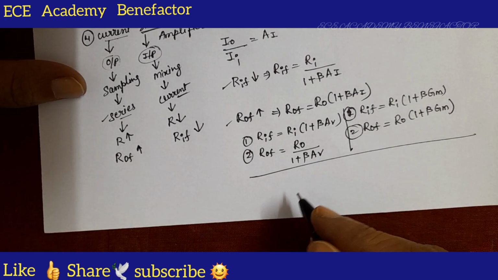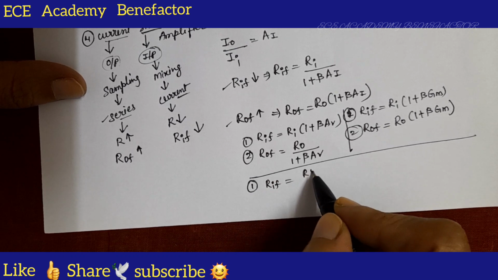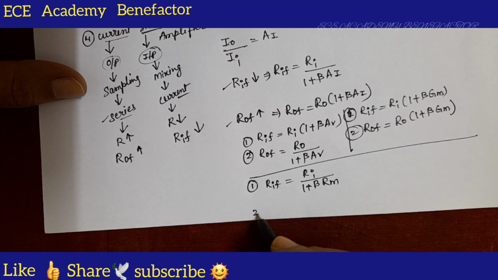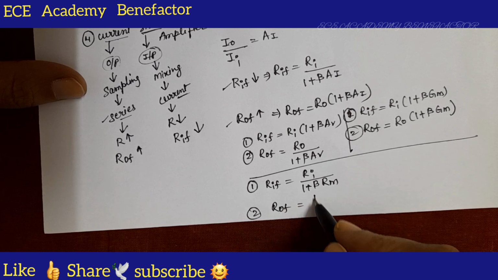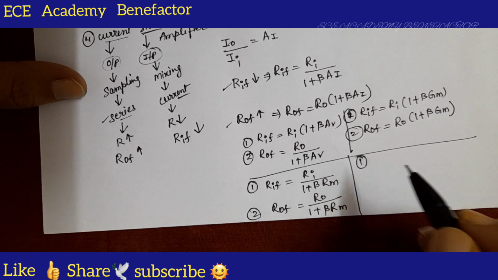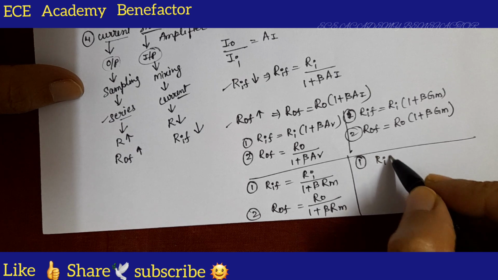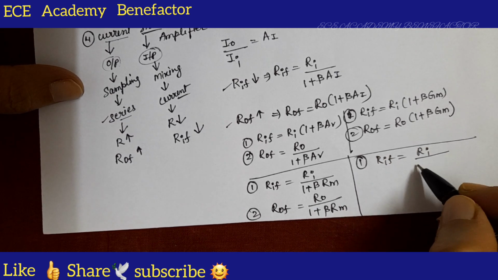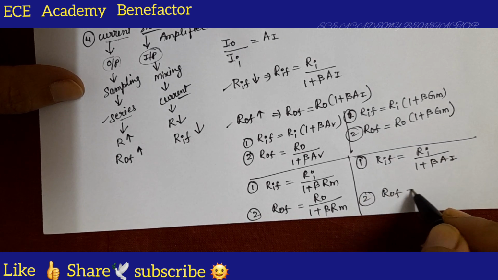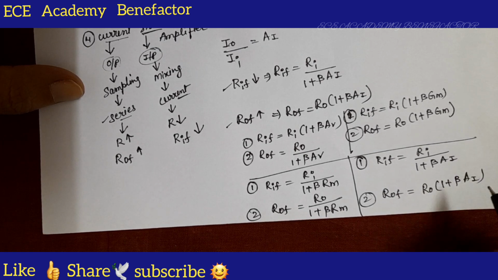Next, for voltage shunt we got the equation of RIF is equal to RI by 1 plus beta RM, and ROF is equal to R0 by 1 plus beta RM. Now coming to current shunt, RIF is equal to RI by 1 plus beta AI, and ROF is equal to R0 times of 1 plus beta AI.